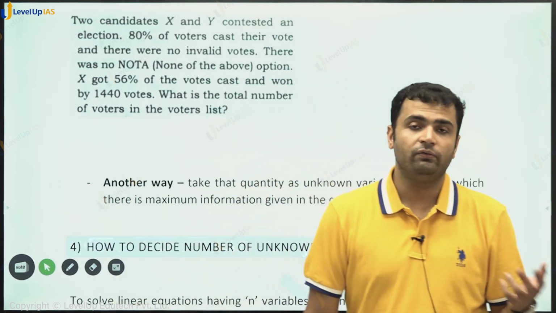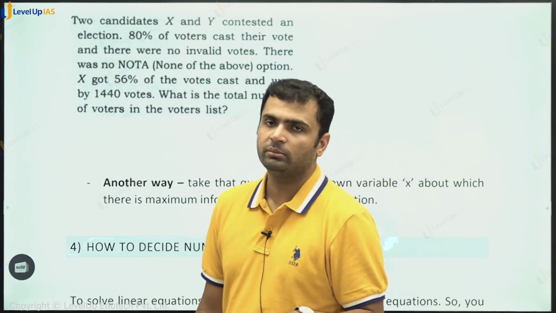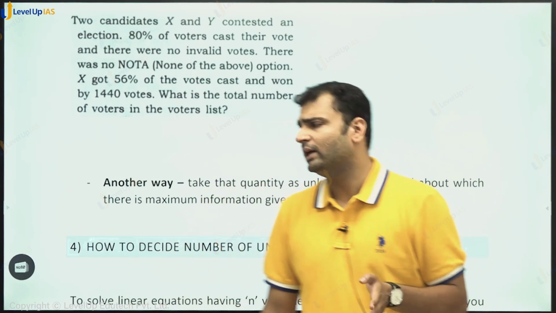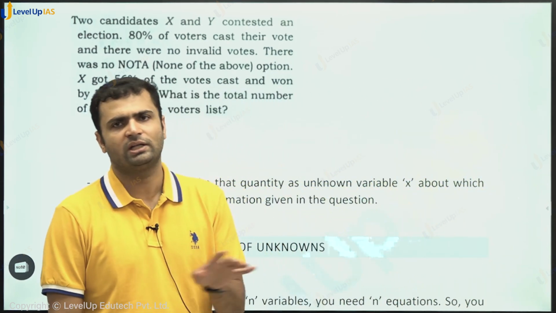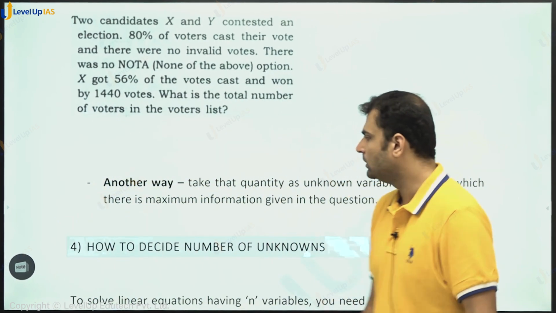So that will work in about 10% of the cases, but in 90% of the cases this will work, that जो भी पूछा है उसी को unknown ले लो, ज्यादा दिमाग मत चलो. Fine.